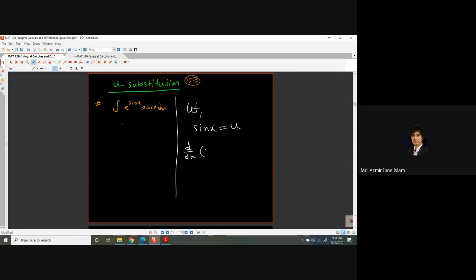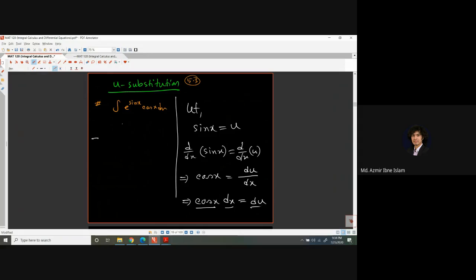The second step is to differentiate the function with respect to the main variable or input variable. So the differentiation of sine x gives cosine x, and the differentiation of u with respect to x is equal to du dx. That means our target is to keep x terms and dx terms on the left side, and on the right side u terms or du terms.